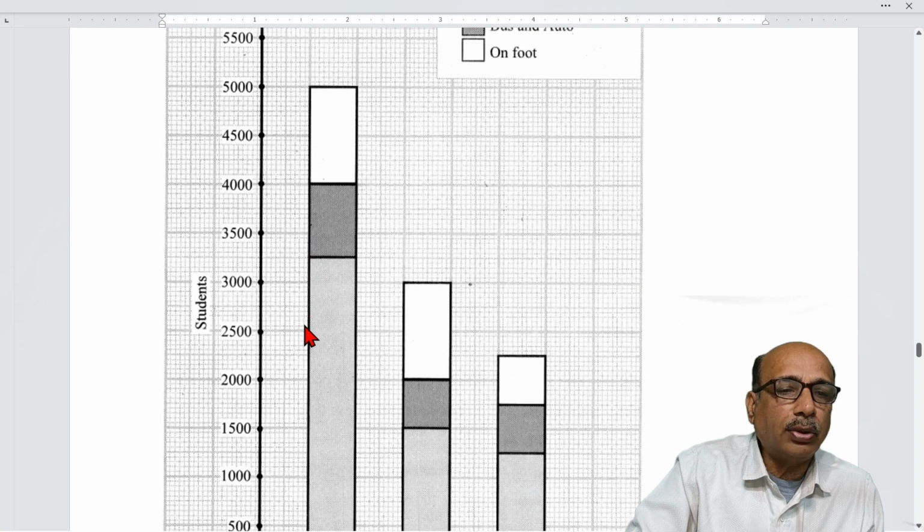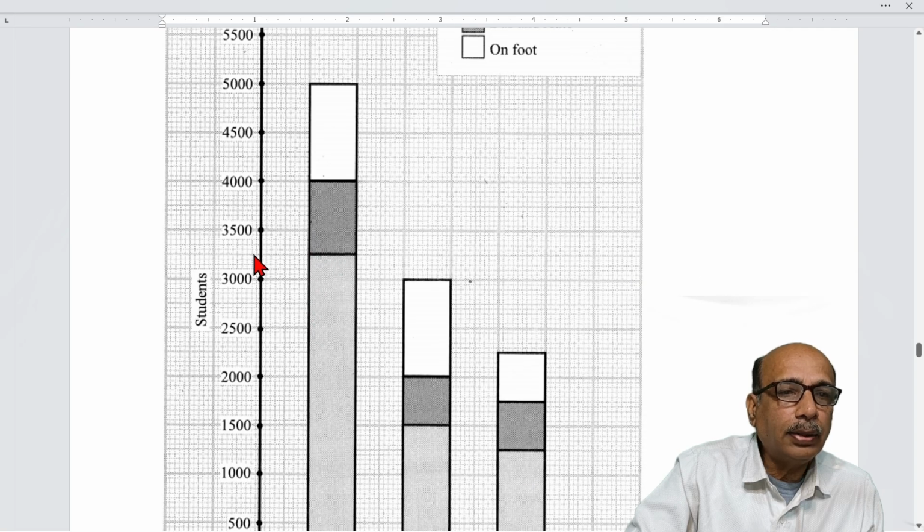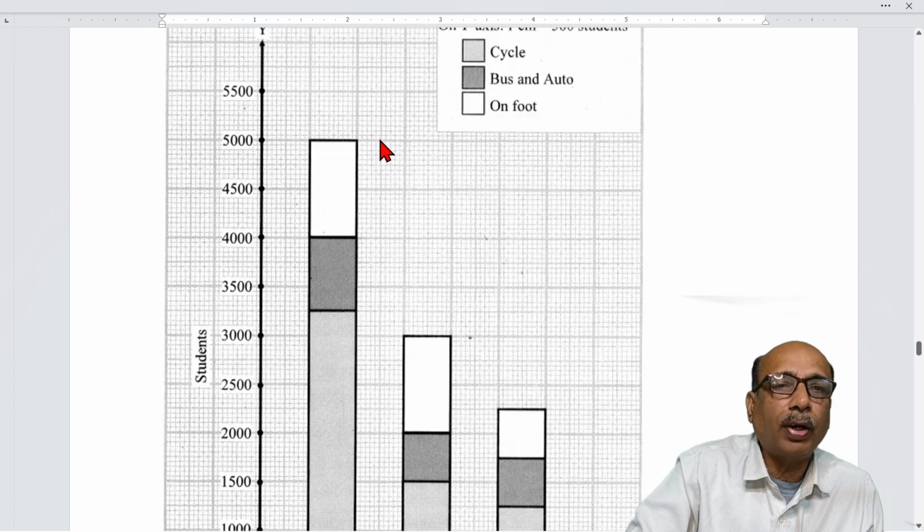So 3,250 you have marked here. This is 3,000, this is 3,500. So the center will be 3,250. And from here you have to add 750. It comes to 4,000. And from 4,000 you have to add 1,000. So it comes to 5,000.